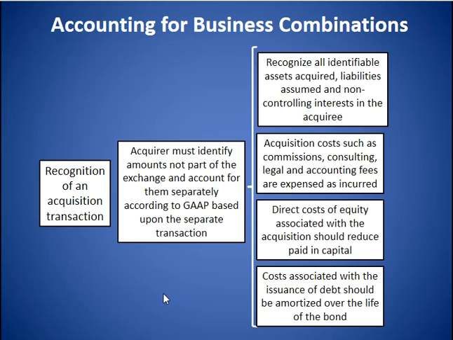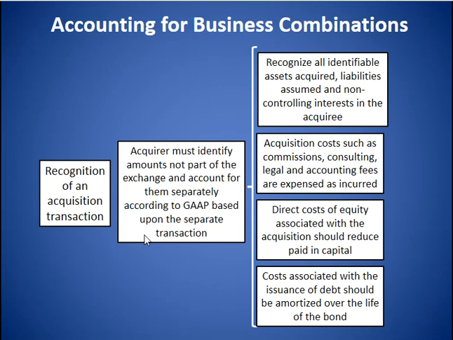Okay, now we're going to talk about the recognition of the transaction when we make an acquisition. For the acquisition, the acquirer must recognize the identifiable assets that are being acquired, the liabilities that are being assumed of the company that's acquired, and any non-controlling interest in the acquiree.